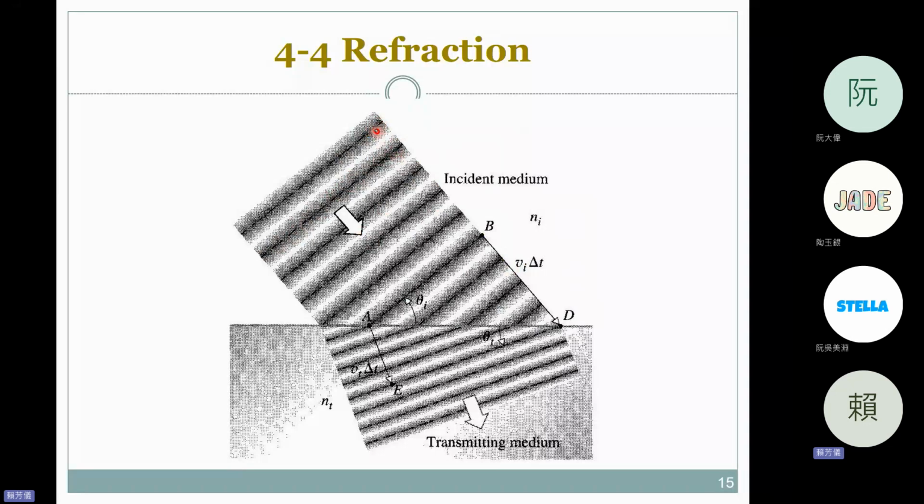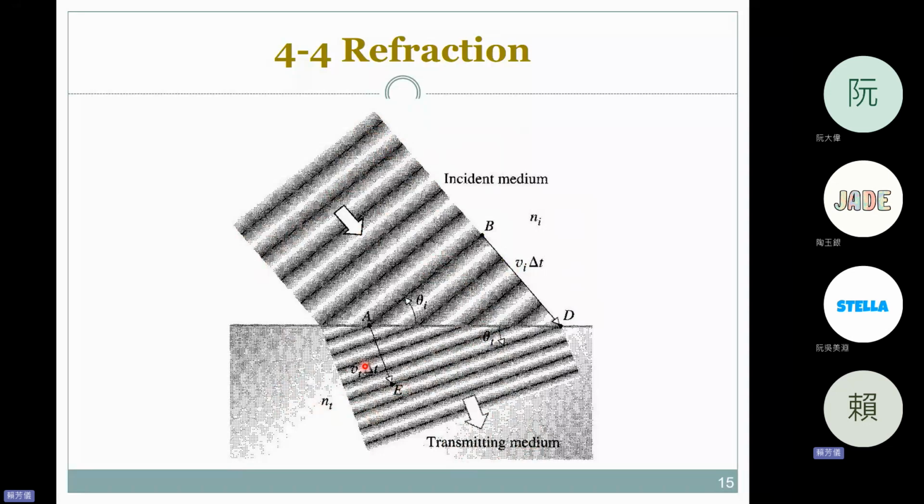So this is the wavelength of the light, and you can see that when the light travels into another material, a transmitting medium, the wavelength may change, because the refractive index is different from the original incident one.